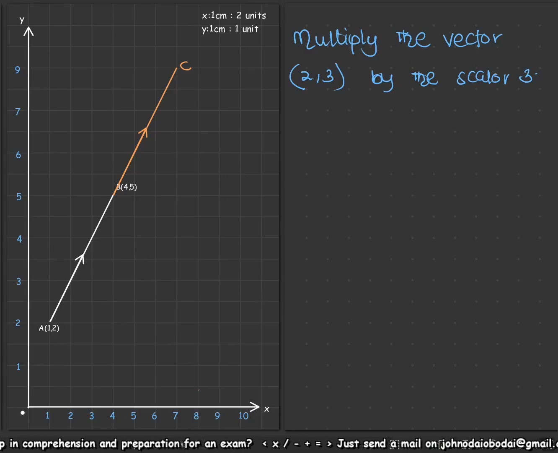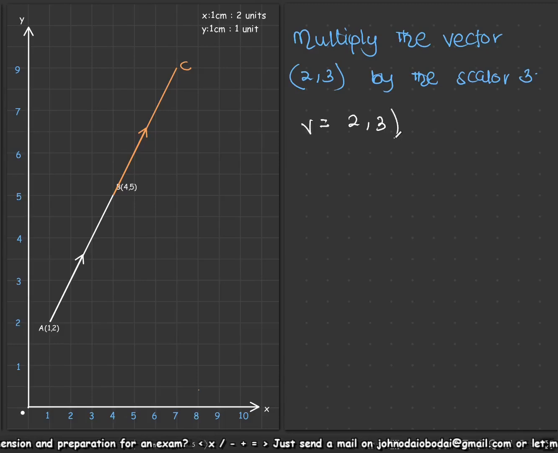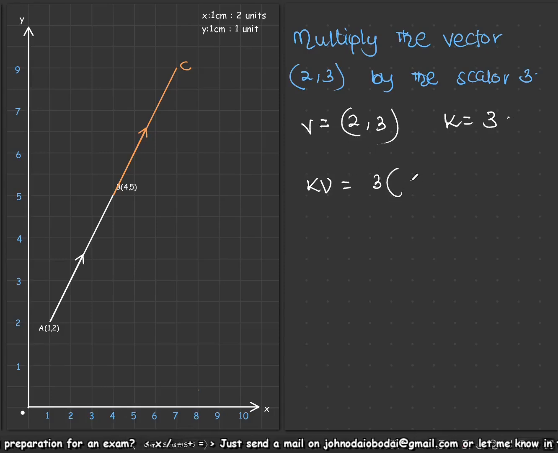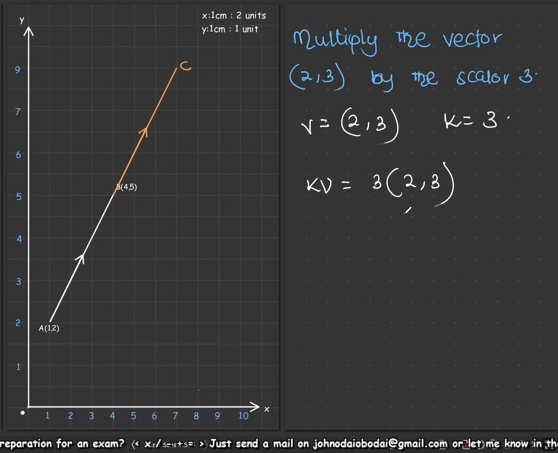For our first question, we have to multiply the vector (2, 3) by a scalar 3. It is very simple. We know our vector v is (2, 3), and our scalar k is equal to 3. If you want kv, then it is just 3 multiplying (2, 3).